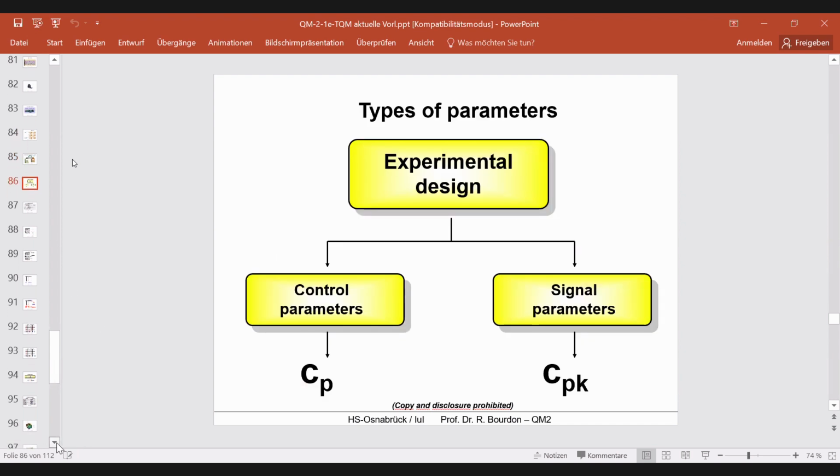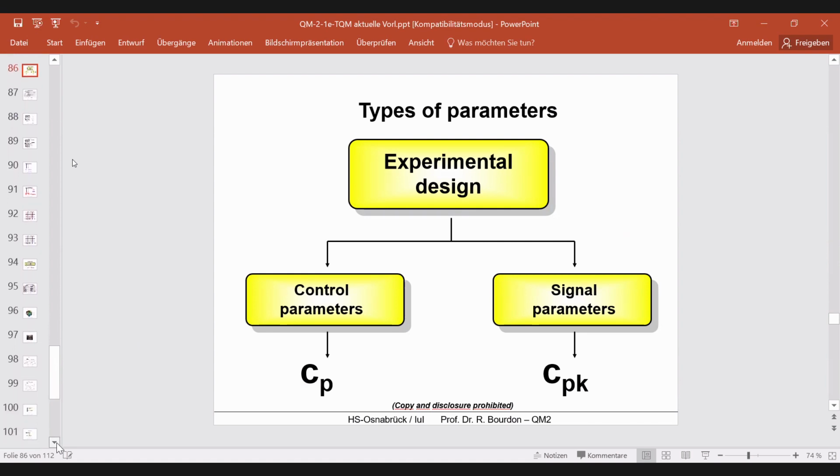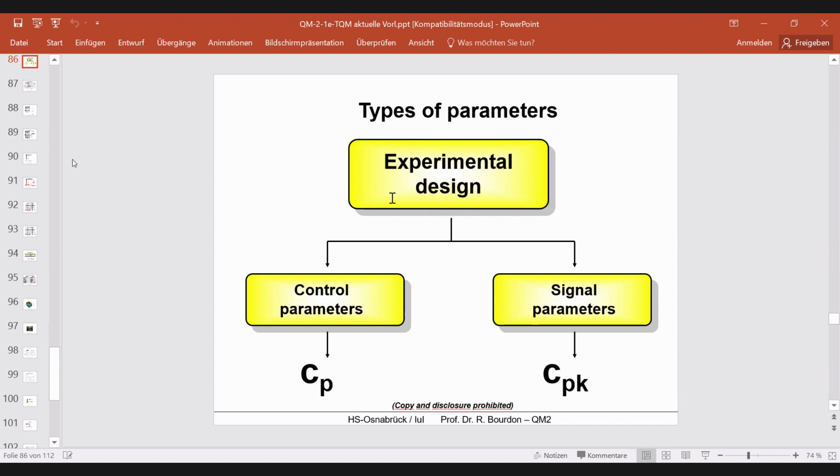Taguchi was one of the first who found out that if you are performing an experimental design, the result can be, in many cases, that you find out which parameters are control parameters and which parameters are signal parameters. Control parameters you can use to minimize the standard deviation, the variation of the process.